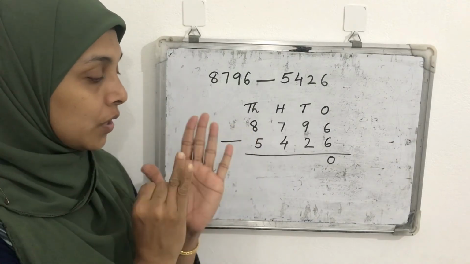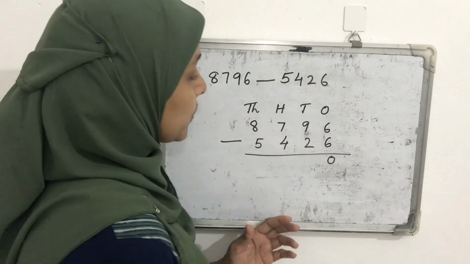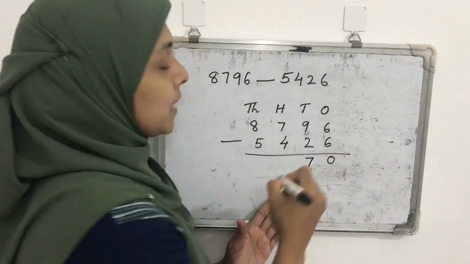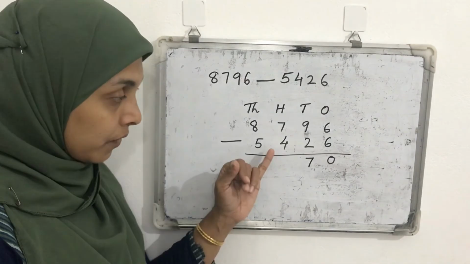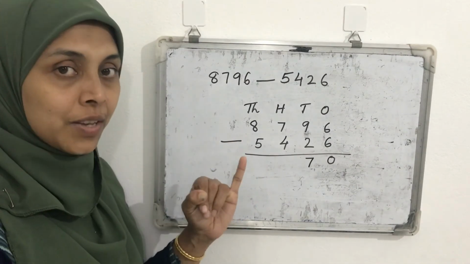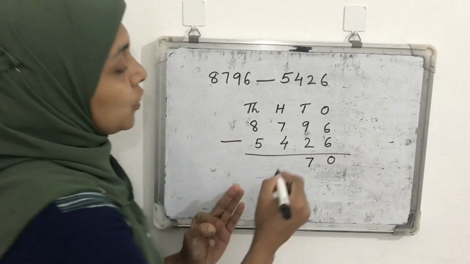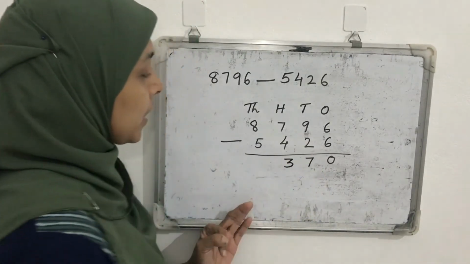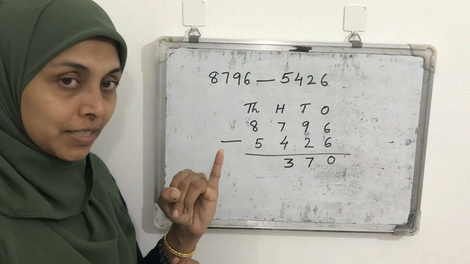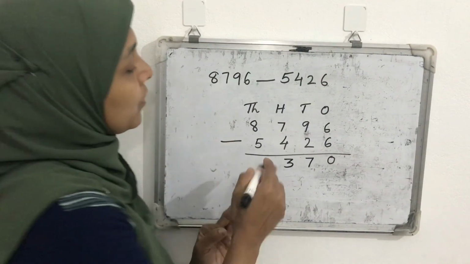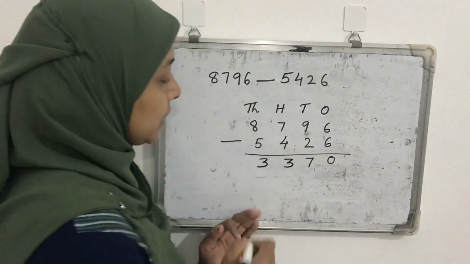How many fingers did we take? 7 fingers. So 9 minus 2 equals 7. Now 7 minus 4. After 4, the next numbers are 5, 6, 7. So 3 is the answer. 8 minus 5. After 5, 6, 7, 8. So the answer is 3.